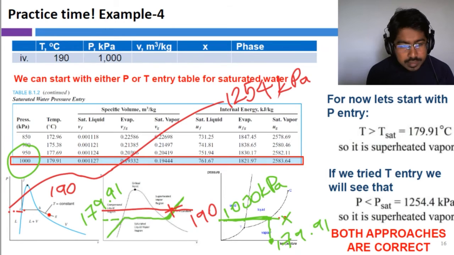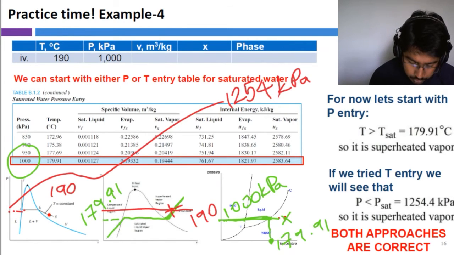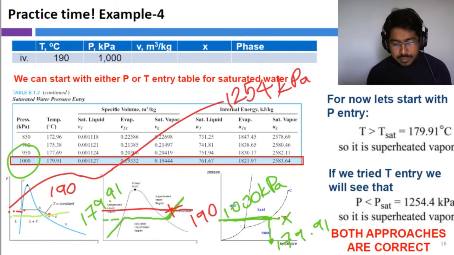And our pressure reading is 1000. So 1000 is going to be somewhere below this pressure. If we draw the 1000 kilopascal line, it is below this saturation pressure. So it intersects our isothermal line outside the dome, in the superheated vapor region.